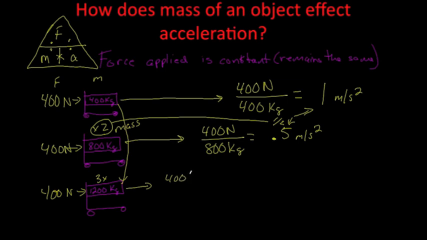So if you have 400 newtons divided by 1,200 kilograms, you get a rate of acceleration of 0.3333 meters per second squared.